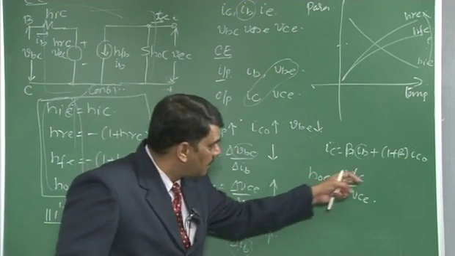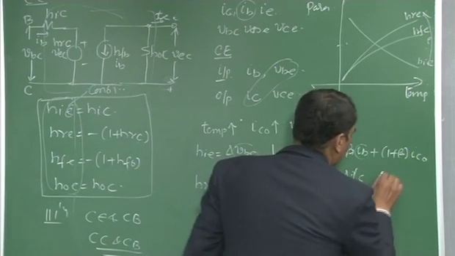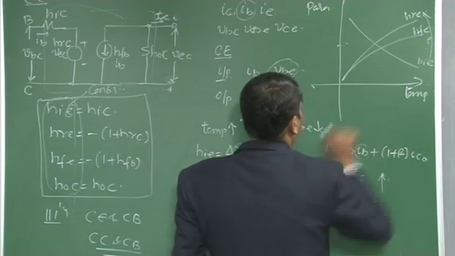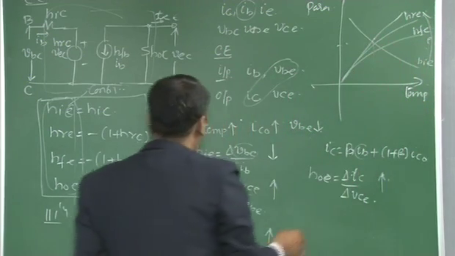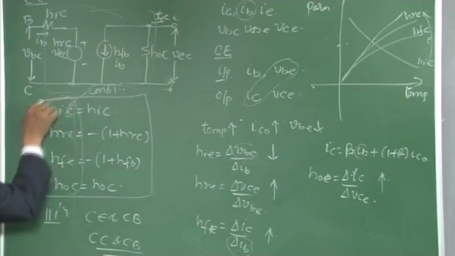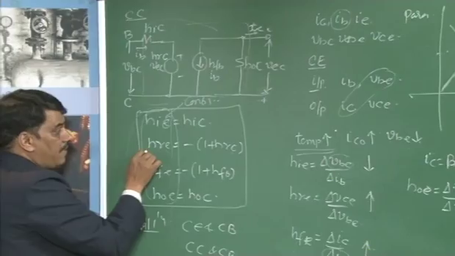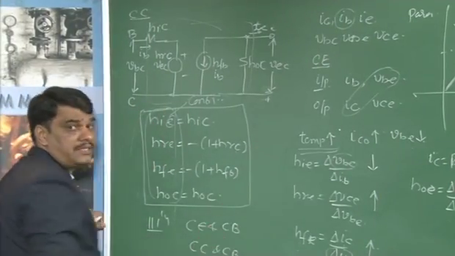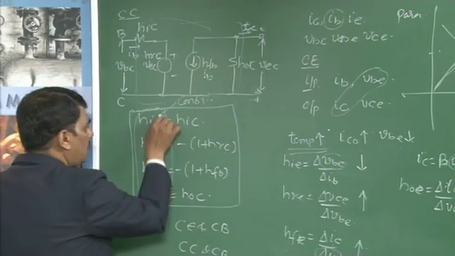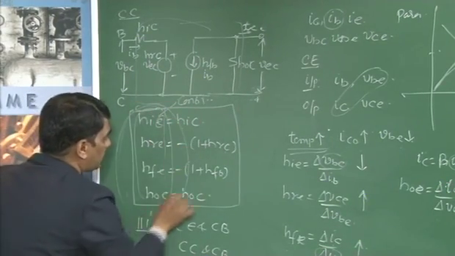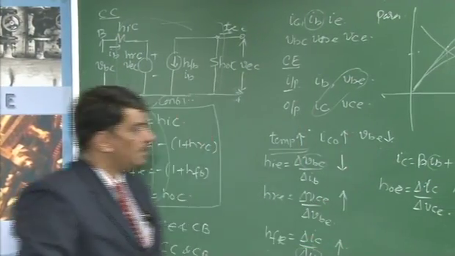So the H parameter values vary as the temperature varies. If you keep the temperature constant, meaning you maintain room temperature, then under constant temperature these parameters are constant and the analysis is more accurate. This is one factor.